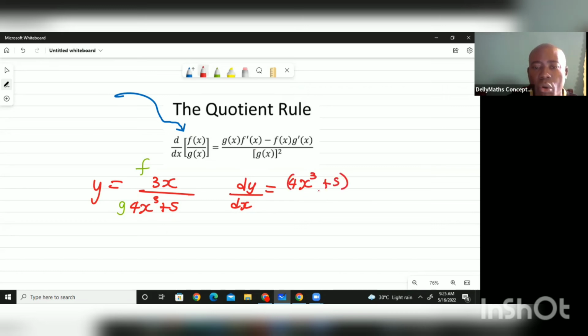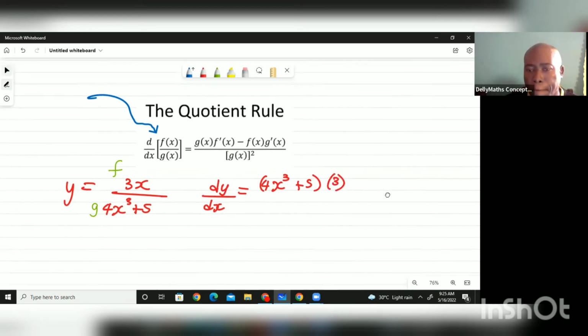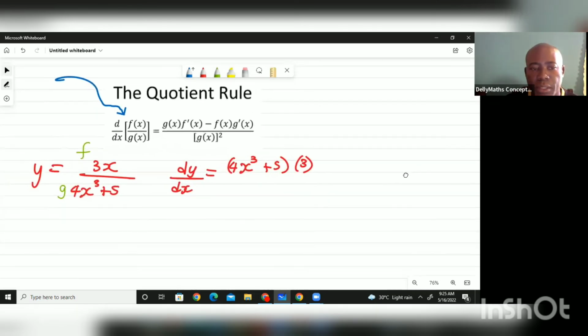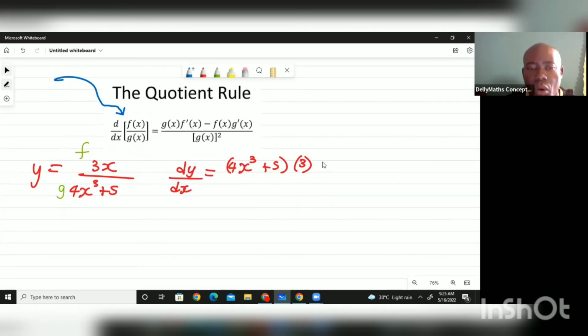And then it's going to go beside the derivative of the top. The derivative of 3x is 3. And then what we're going to do next, I'll have a minus. I open a bracket. It's going to be the top function, which is just 3x, multiplied by the derivative of the bottom function now.